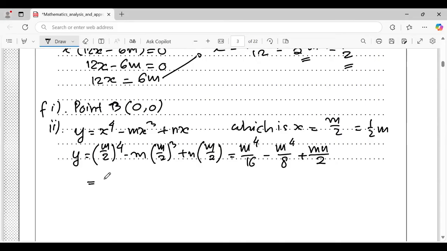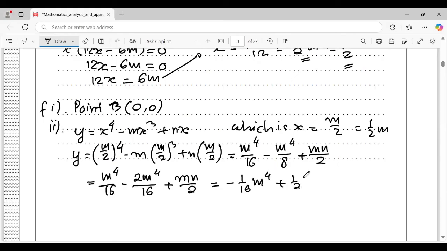This is m power 4 over 16. We have to get the same denominator, so minus 2m power 4 over 16, plus mn over 2, becomes minus 1 over 16 m power 4 plus half mn.